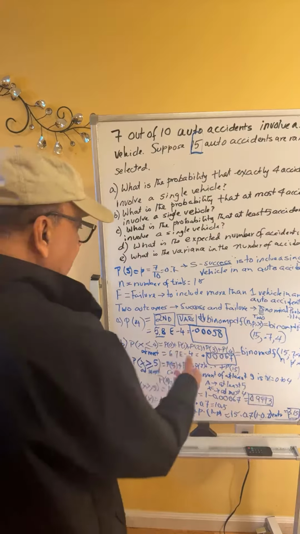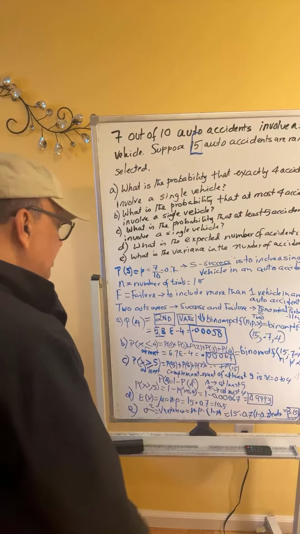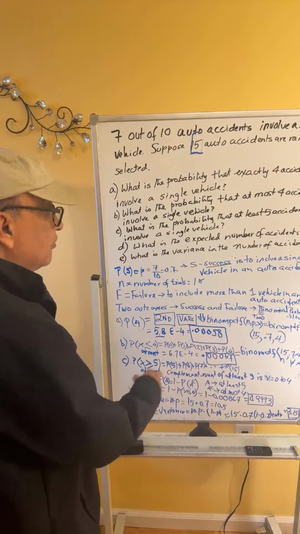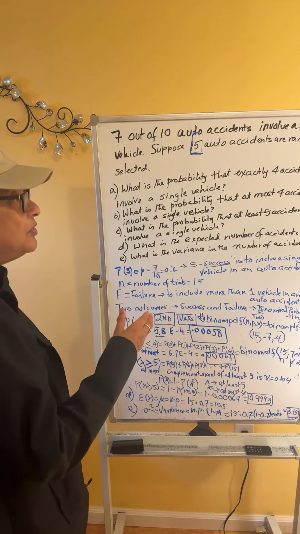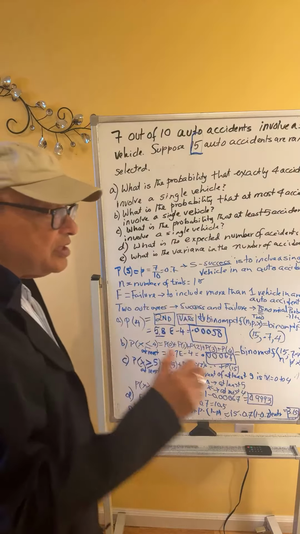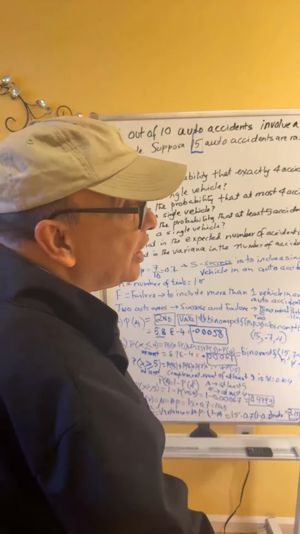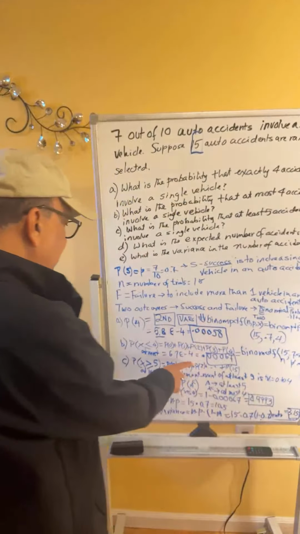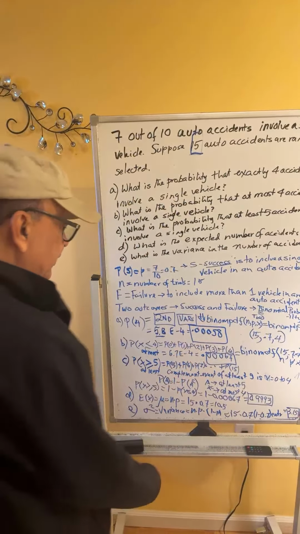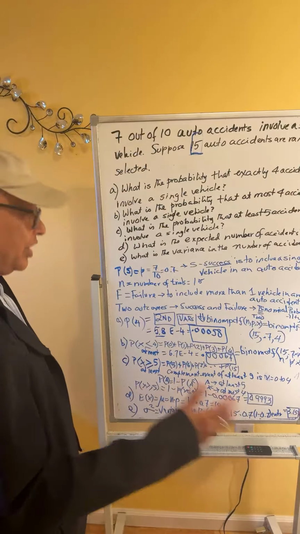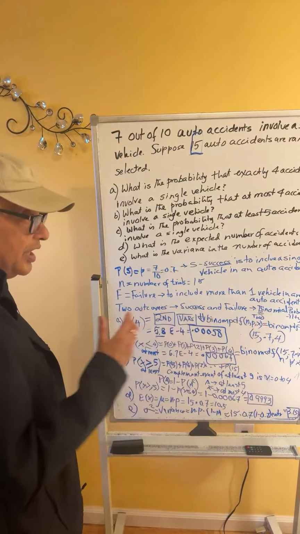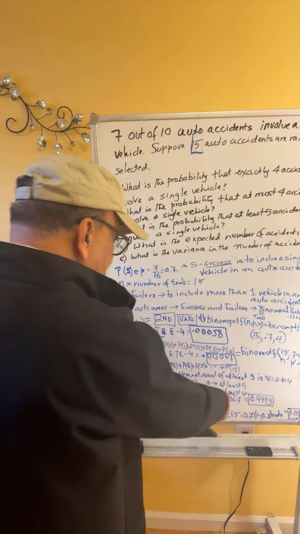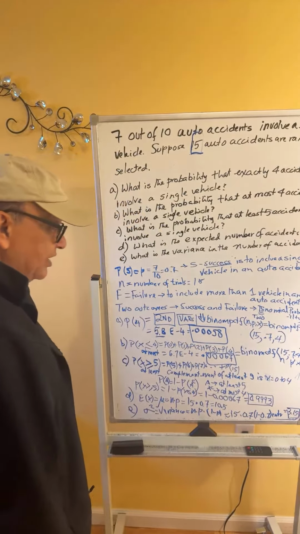So using the complement rule of probability, we get probability of x greater than or equal to 5 is 1 minus the probability of the complement event, which is probability of x from 0 to 4, which we already found in part B. And it is 0.9993.